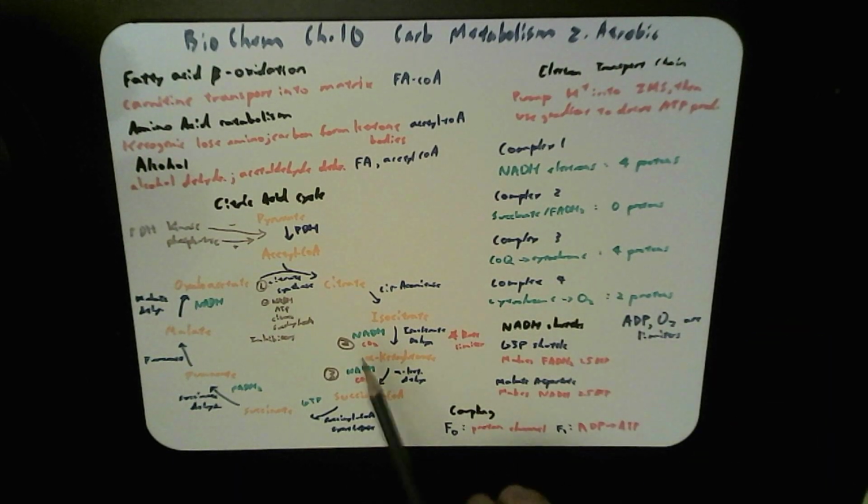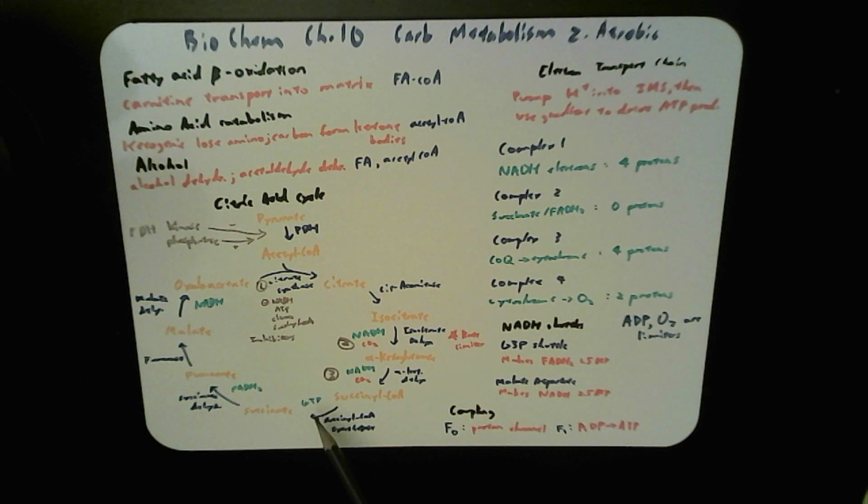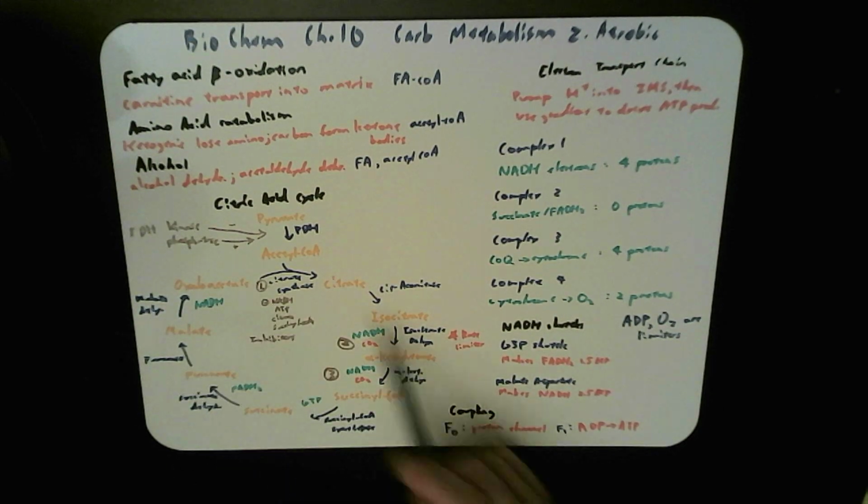So if we do the math here, 3 NADH here, 1 ATP, and 1 FADH2: if each NADH generates 2.5, that is 7.5 in total, and if FADH2 is 1.5, that's 9, plus 1, that's 10 ATP, and that times 2, that's 20 total ATP just through this.